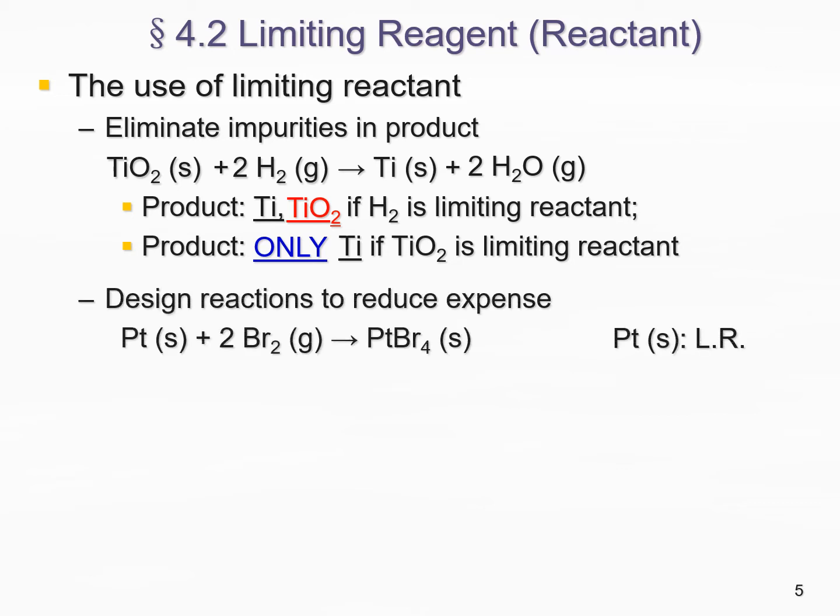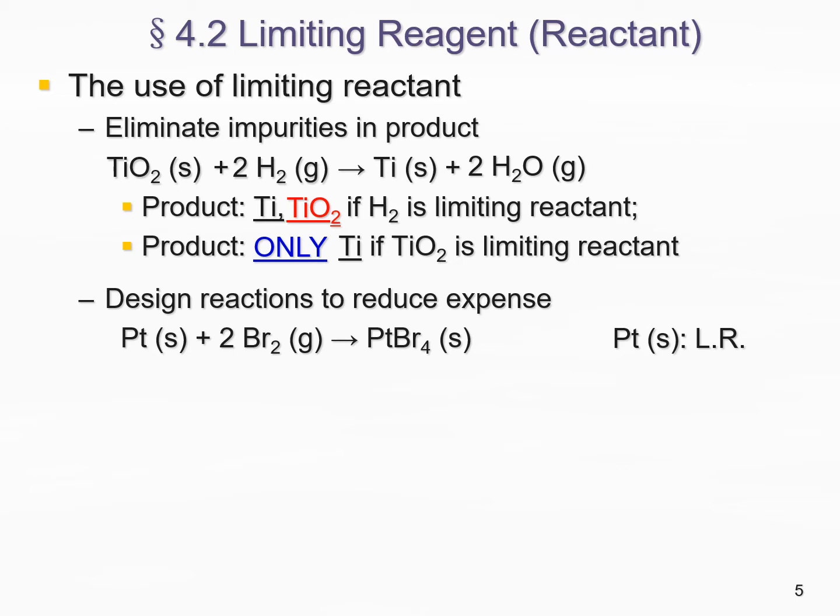All right, another good thing we can get from the limiting reactant is to reduce the expense of the reaction. For example, people wonder why anti-cancer drugs are so expensive. One of the reasons is that for some drugs, we use platinum. Platinum is a noble metal, very expensive, usually twice as expensive as gold itself.